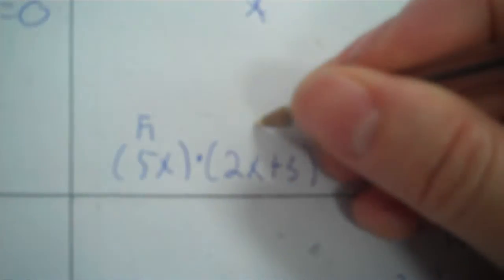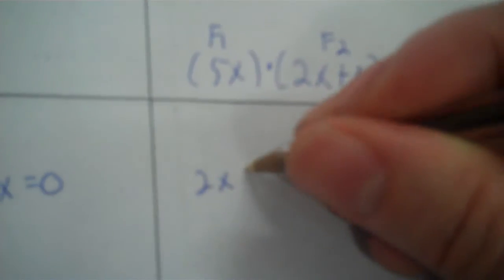So F1, F2. 5x could equal 0, or 2x plus 3 could equal 0. So you divide by 5. 0 divided by 5 is 0.